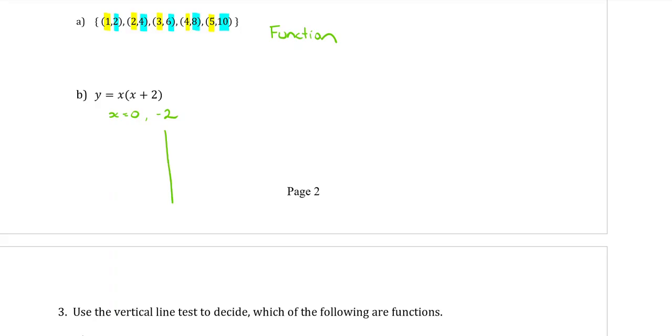So very roughly, I would have 0 and minus 2, and it would be a concave up parabola that looks like that. Now, if I were to draw a vertical line anywhere through that parabola, it would only ever cut it once, no matter where I draw it. So that means that this is a function.